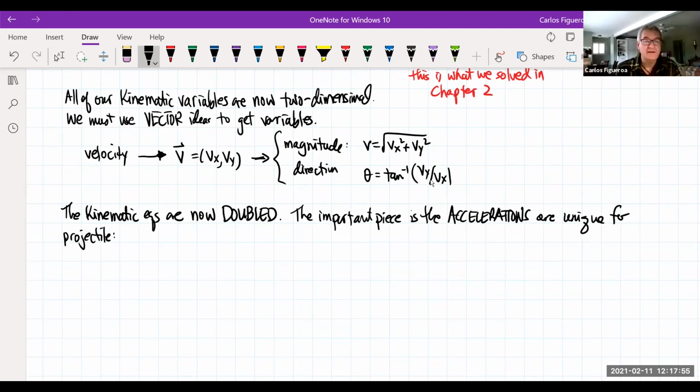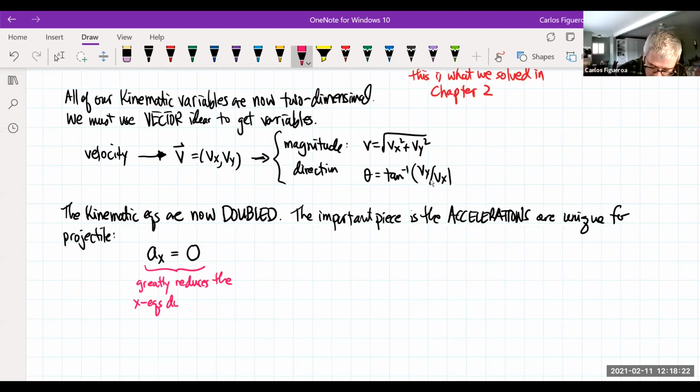When you look at the x acceleration, there is none in free fall motion. And this greatly reduces the x equations down to one equation.